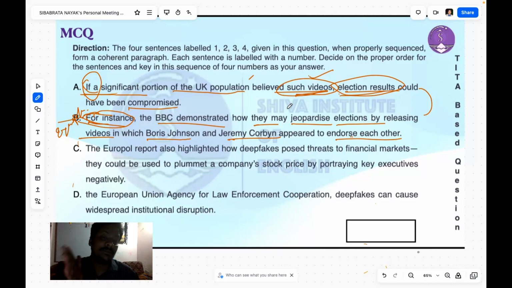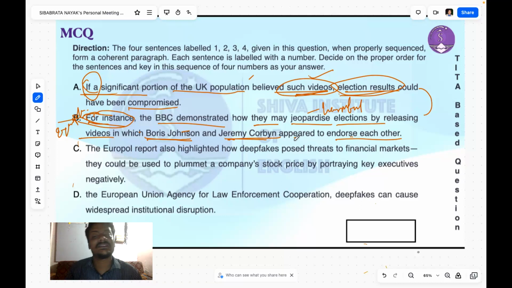The second indicates, for instance, the BBC demonstrated how they may jeopardize, meaning harm or endanger, elections by releasing videos in which Boris Johnson and Corbyn appear to endorse each other, right?